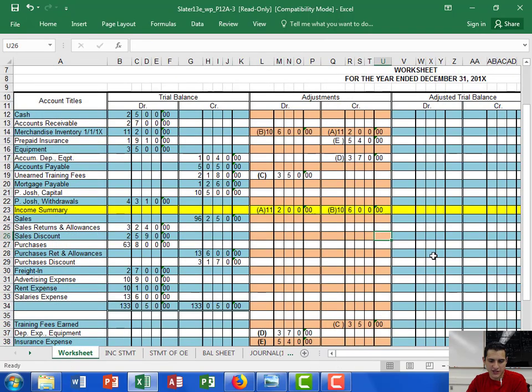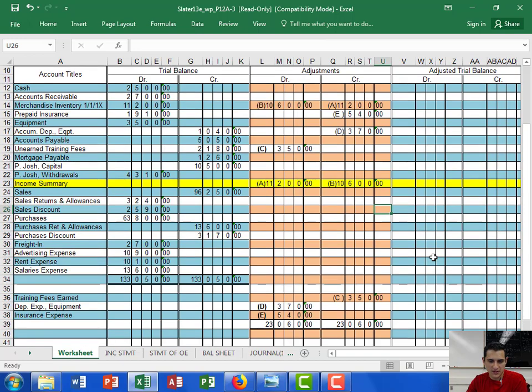Let's see here. So now, you basically know the processes of doing the worksheet itself. So I'm not going to go into that again, because you already have chapter 11 that I've demonstrated for you, so that should be more than enough for y'all to do this work.